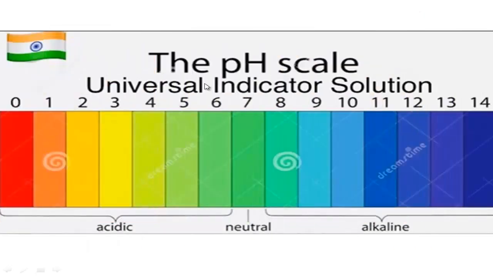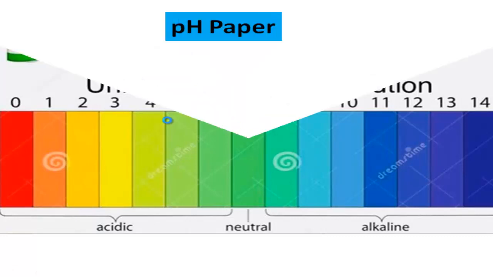Now the pH scale, that means the universal indicator color solution. After using the universal indicator solution, you have to match the obtained color with this pH scale, which I have already described. Now pH paper, you have already learned how pH paper is prepared.